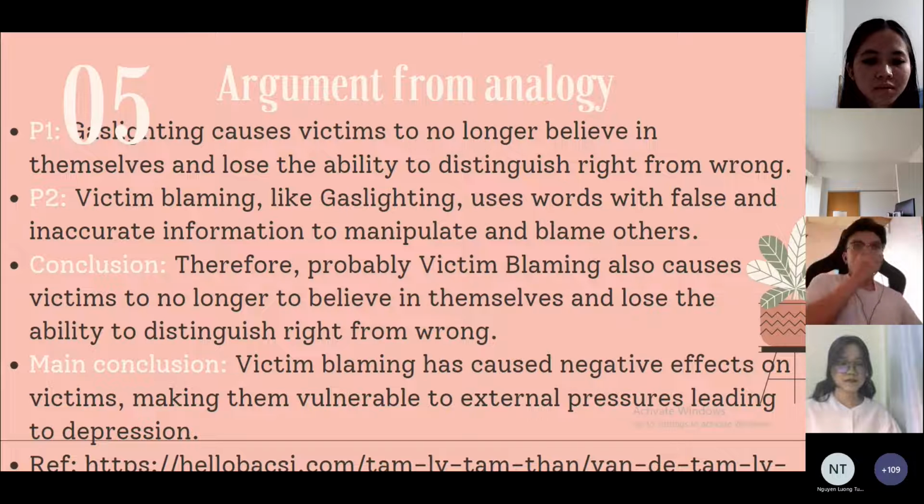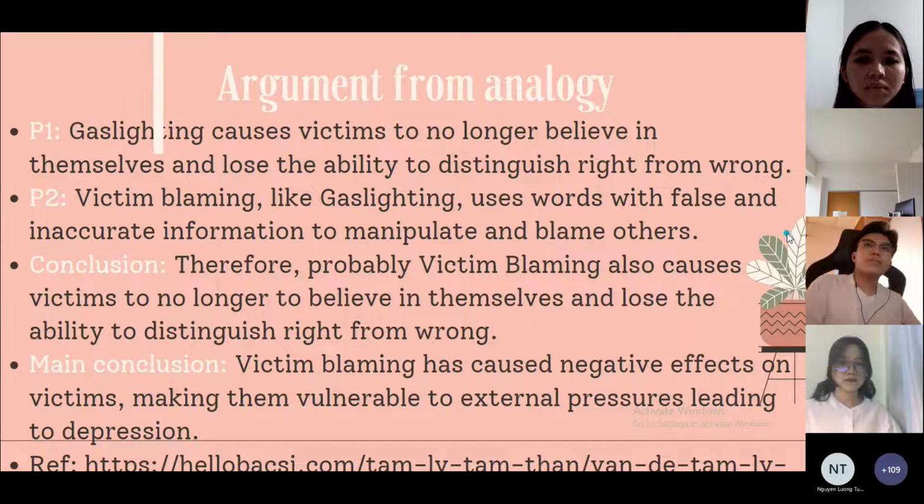Gaslighting causes victims to no longer believe in themselves and lose the ability to distinguish right from wrong. Therefore, victim blaming also causes victims to no longer believe in themselves and lose the ability to distinguish right from wrong. Victim blaming has negative effects on victims, making them vulnerable to external pressures, leading to depression.